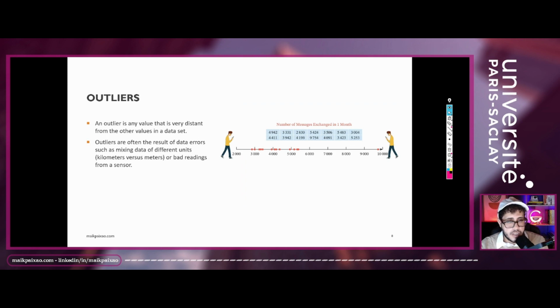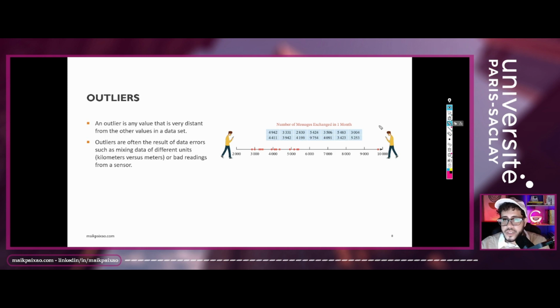And an outlier is basically any value that is very distant from the other values in a data set. They are often the result of data errors, such as mixing of different units or bad reads from a sensor. So we have an example here showing the number of messages exchanged in 1 month.